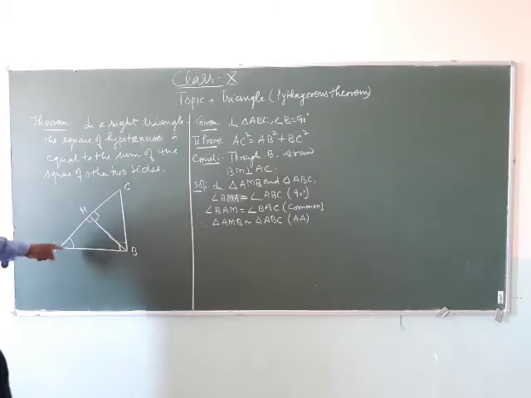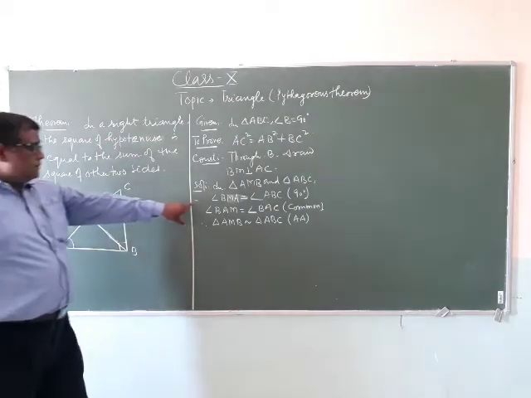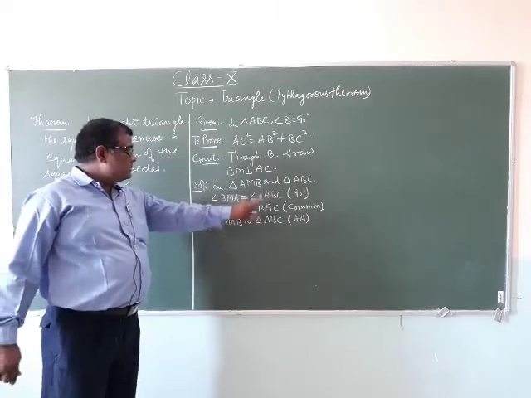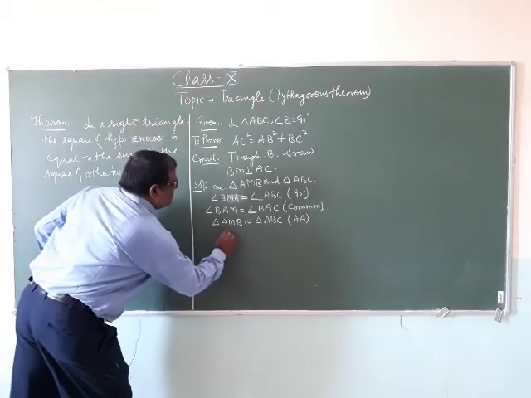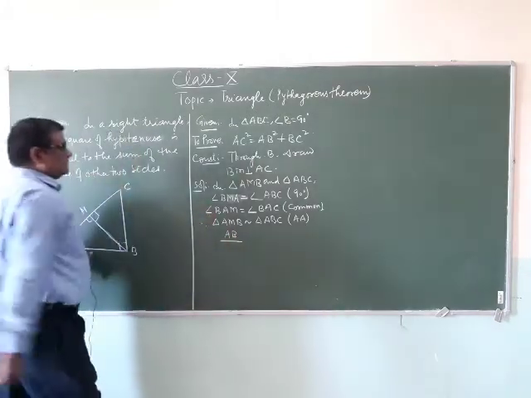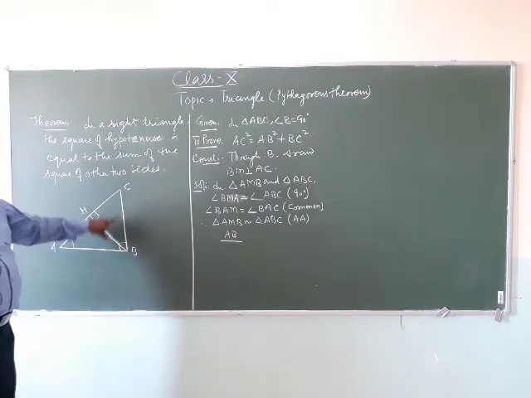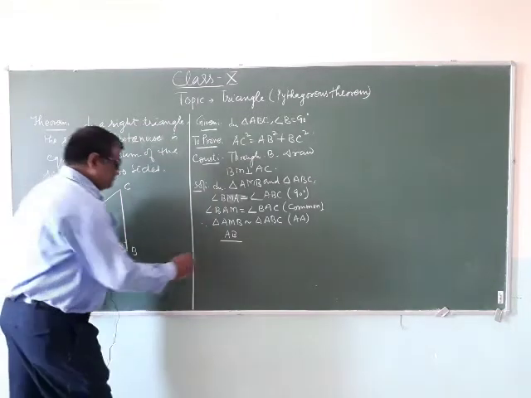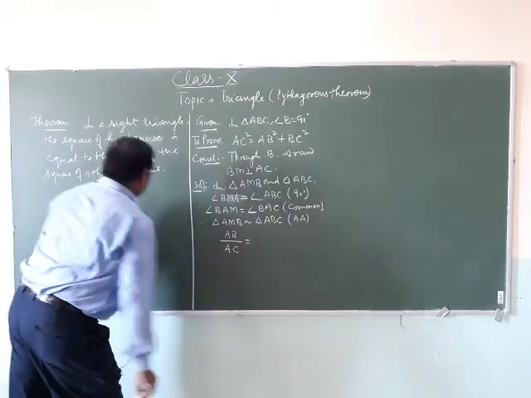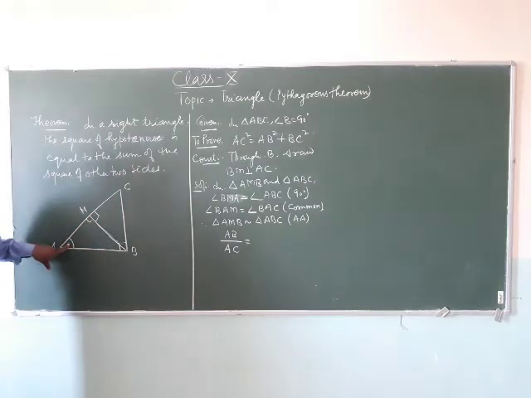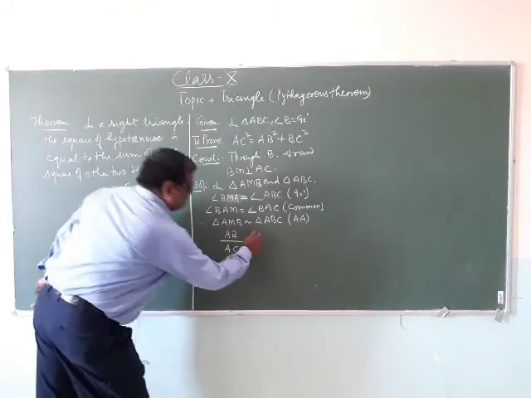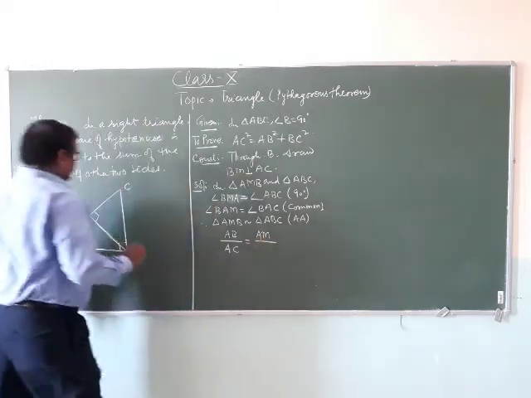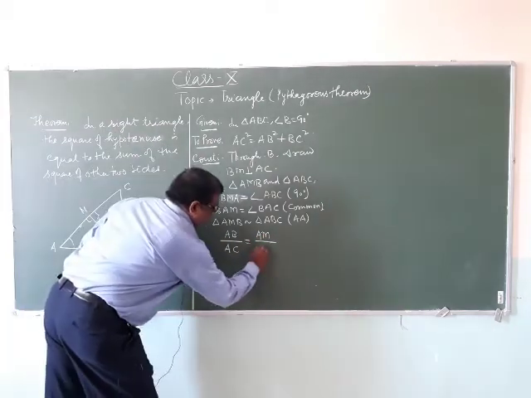Now on this similarity, angle BMA is equal to angle ABC, so the side opposite, AB, upon AC is equal to the corresponding side in the small triangle AMB, that is AM upon AB.